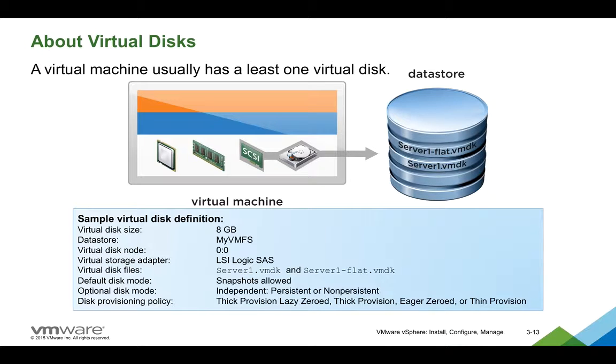Is it SCSI, SAS, etc. It also has information about the disk mode and even provisioning policies, which we'll take a look at later. Now the flat VMDK file holds the actual data. Now there may be more than one if the disk is split.